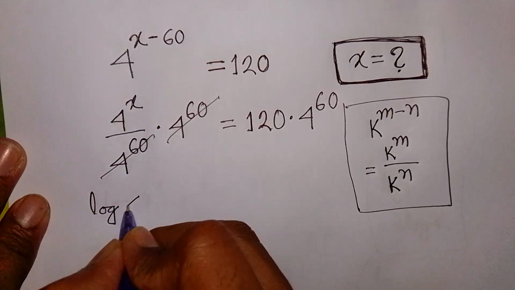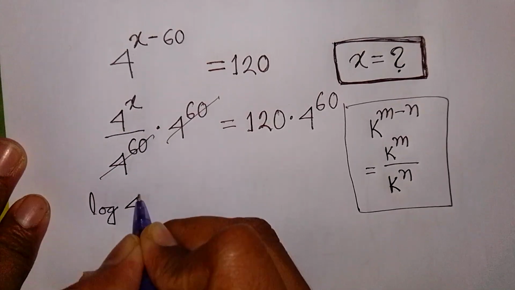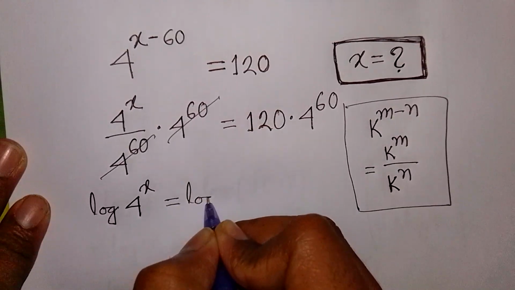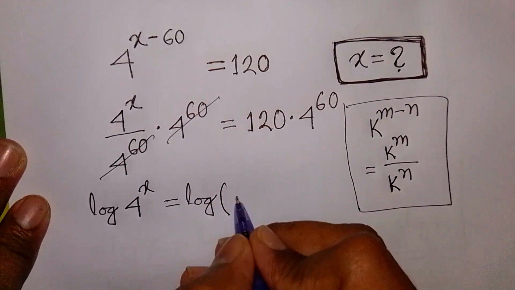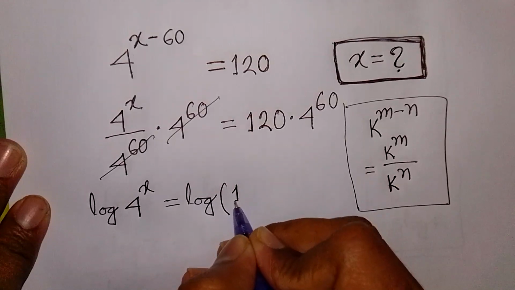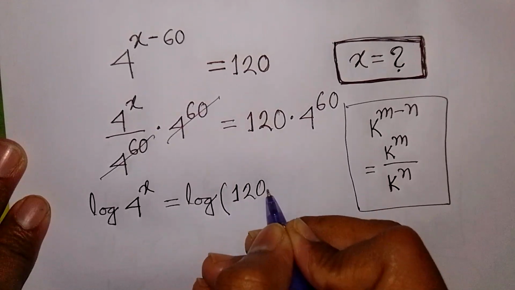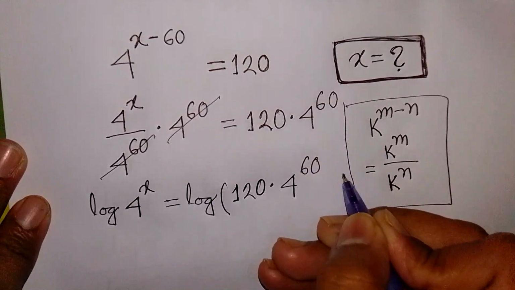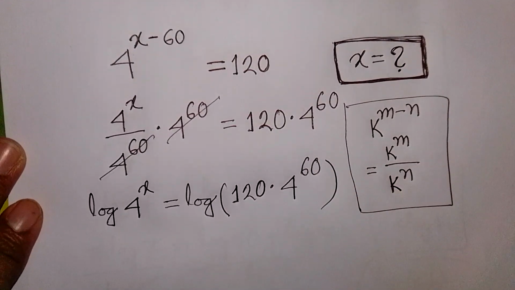Log of 4 power x is equal to log of 120 times 4 power 60.